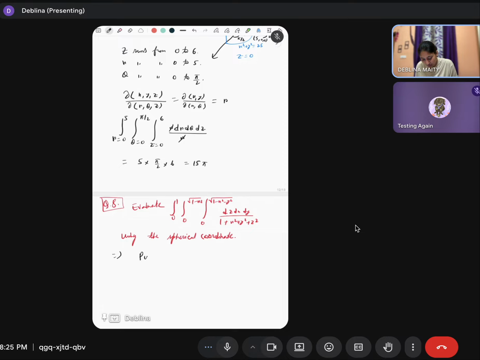So you have to put x equals r sin theta cos phi, y equals r sin theta sin phi, and z is r cos theta. Okay, so this is the polar coordinate of a sphere. So this is a spherical coordinate.